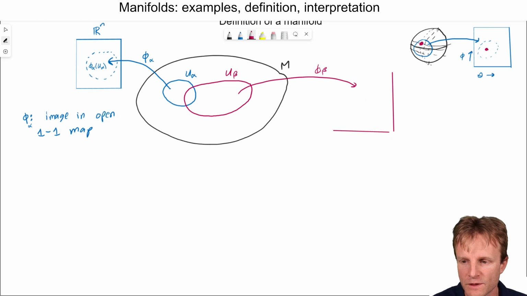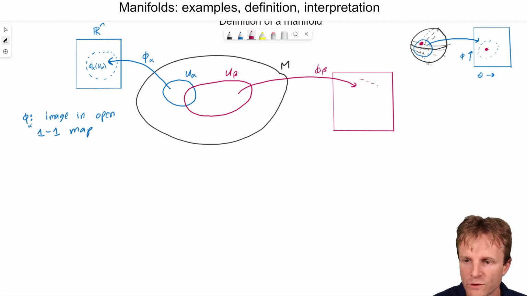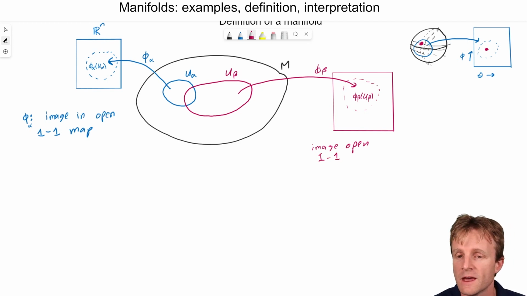And just like for the old map, we're going to require that the image of the new map is open. So I'll draw it as a dotted line. So this thing, phi beta of U beta, needs to be open. And again, the map needs to be one-to-one so that in this image we can invert and get back to the manifold.